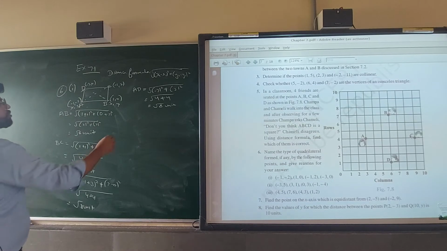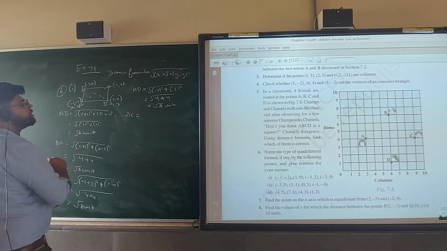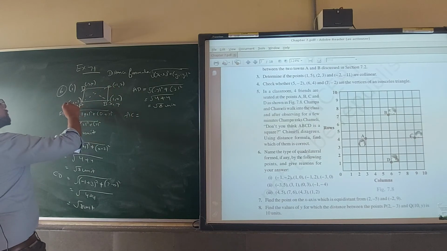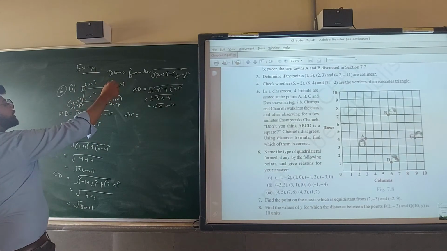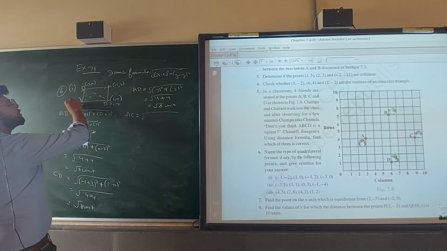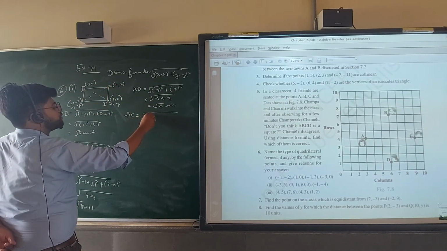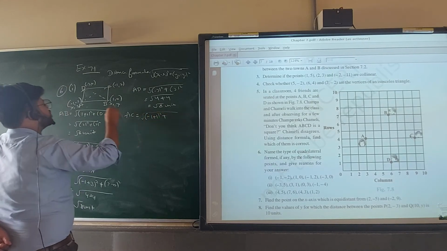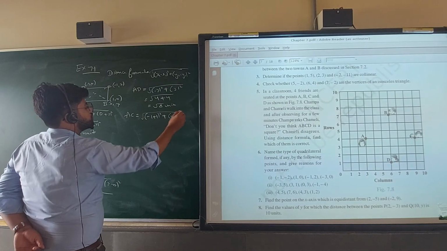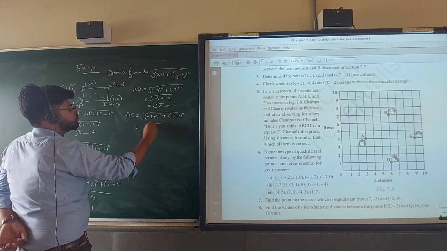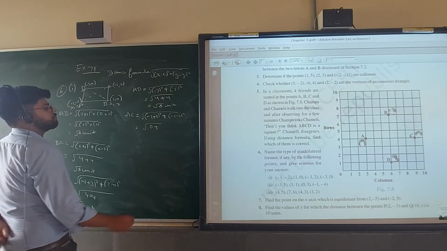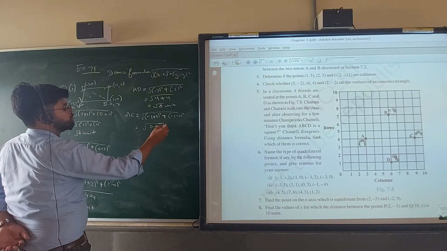So find AC also. If the diagonals are equal, then only it will be a square. If I find AC, it will be -1 minus -1, that is 0, and -2 minus 2 square. -4 square is 16.